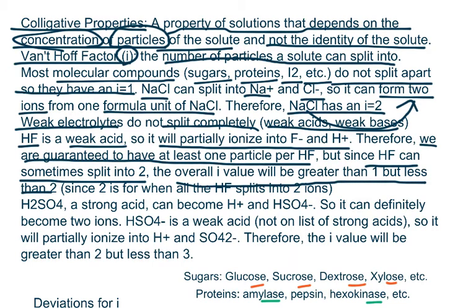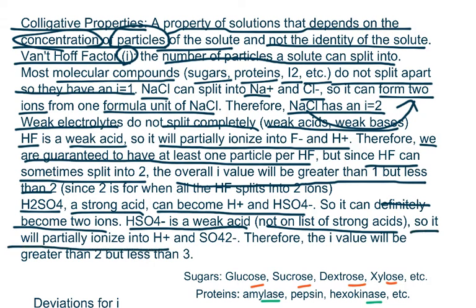Now let's take a look at a very special acid. H2SO4, or sulfuric acid, is a strong acid, and that means that it can become H+ and HSO4-. So it can definitely turn into two ions. But HSO4- is a weak acid since it's not on the list of strong acids, so it will partially ionize into H+ and SO4 2-.